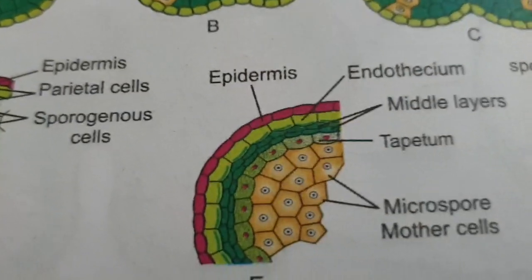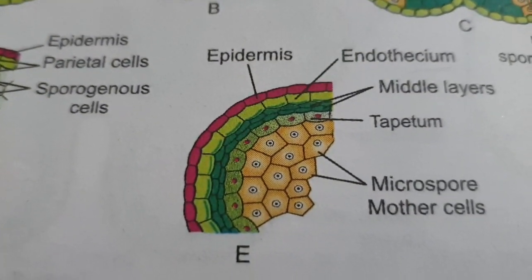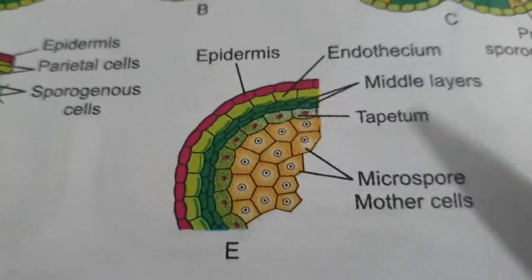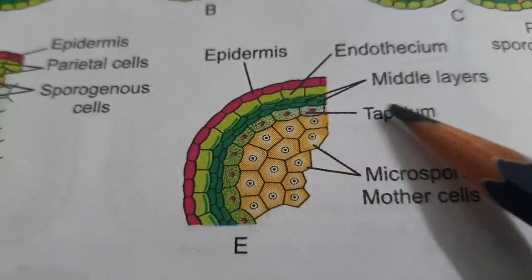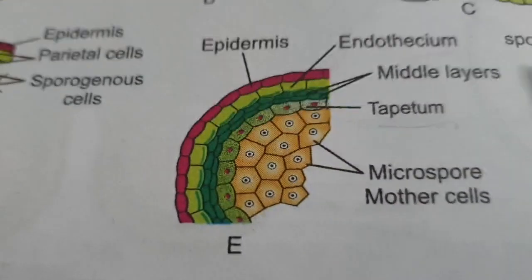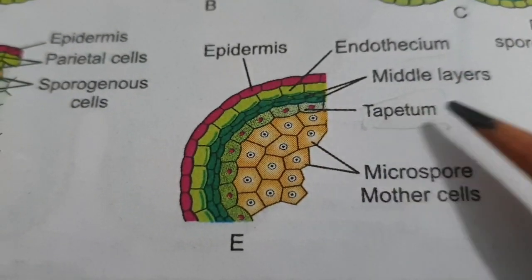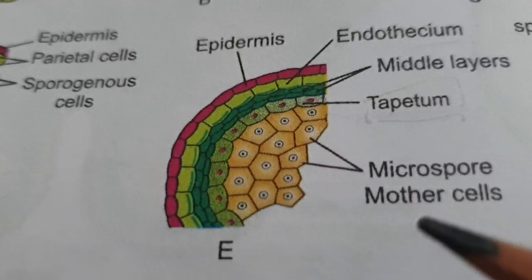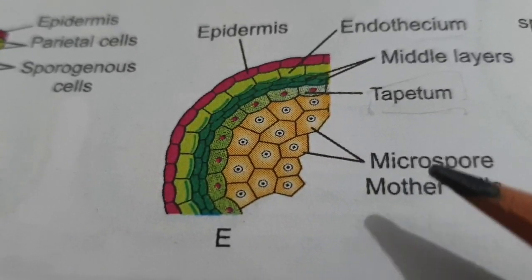Now, this word theca represents the wall, so here we are using thecium. Endothecium means outer layer. Then the middle layer, and the inner layer is known as tapetum, which is the main nutritive tissue. Okay, so the word tapetum is important because it is the tissue which provides nourishment to the developing microspores.